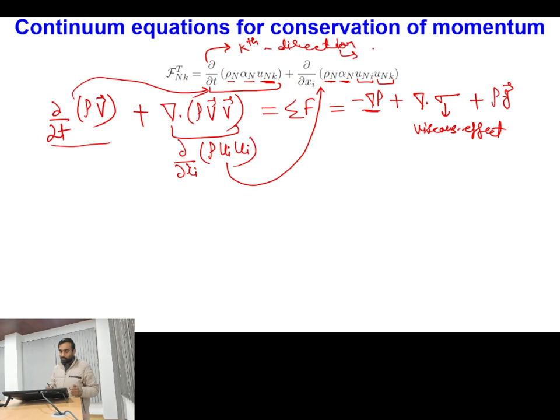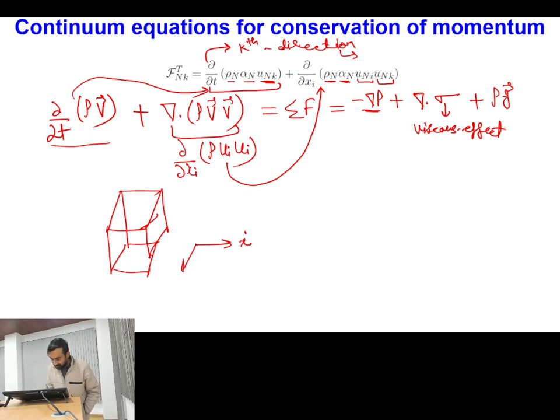Because whenever you calculate momentum in your control volume, say this is my control volume, and in this control volume say this is direction i, this is direction j, and this is direction k. If you write the momentum equation at this particular face in the vertical direction, then what will be happening?